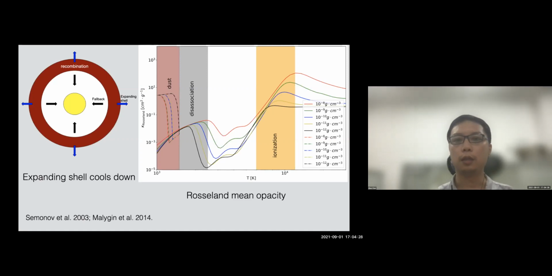So the overall behavior in the light curve will be, towards the end of the transient, transparent and then opaque again because of dust.